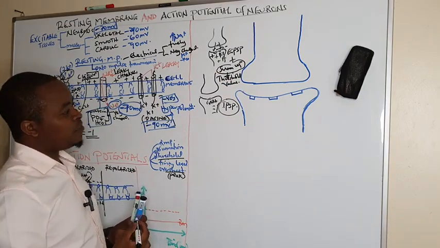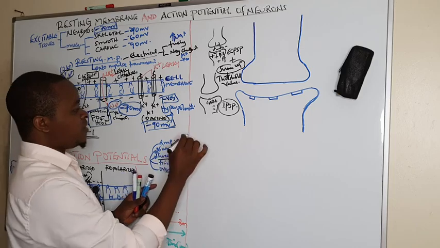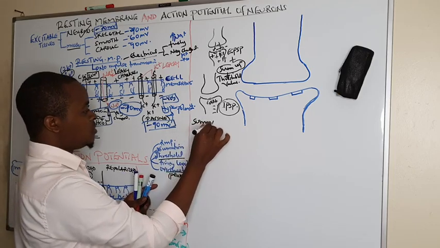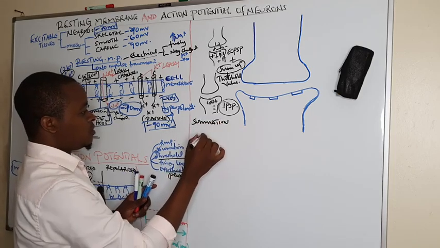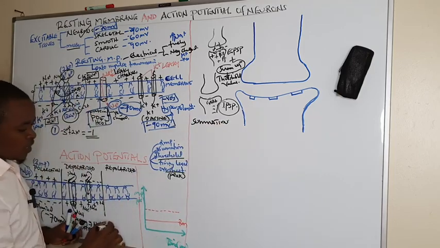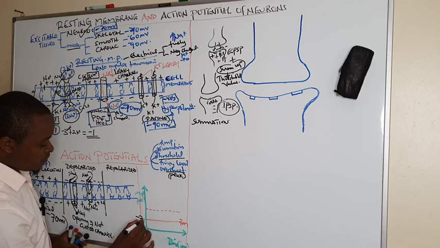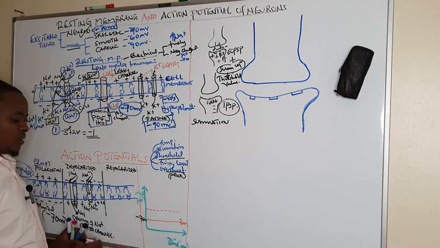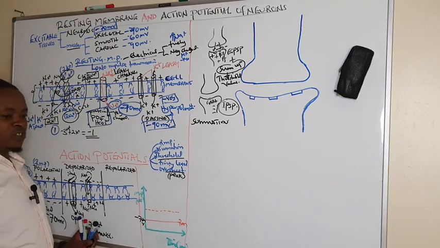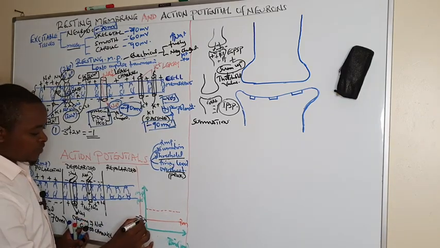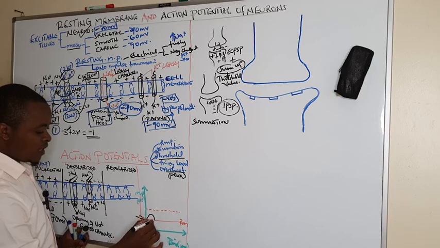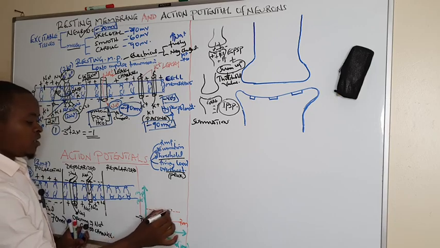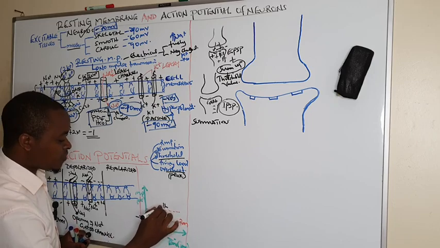The types of summation include under summation. When this is the negative 70 millivolts resting potential, an impulse arrives, it fires, but it might fail to reach the threshold level.